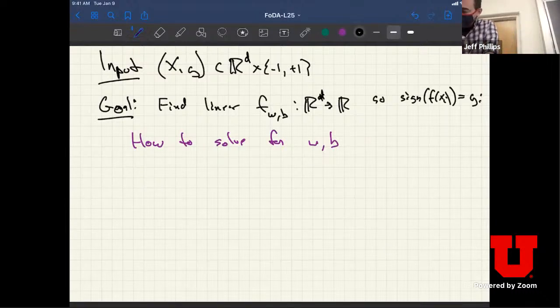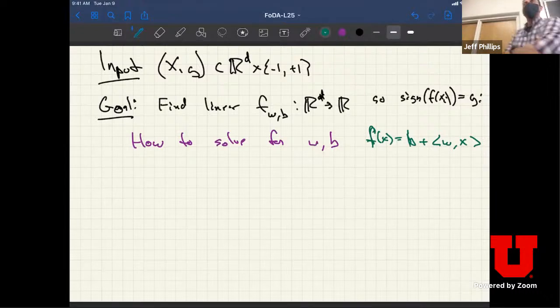So f has to have the form f of x equals B plus the dot product of W and X. So how are we supposed to solve for this W and B?